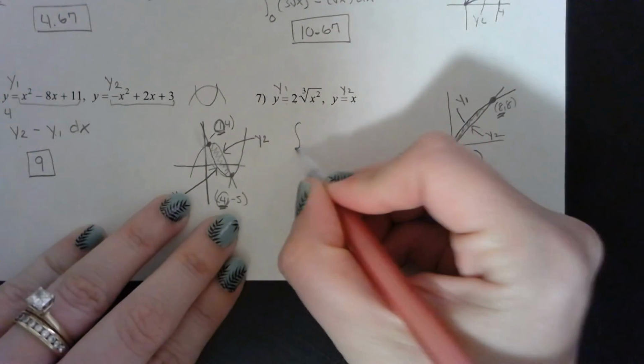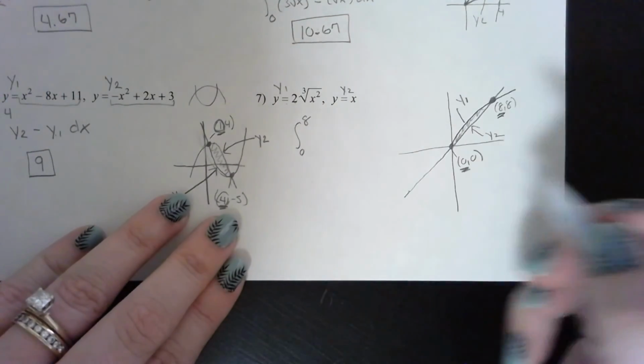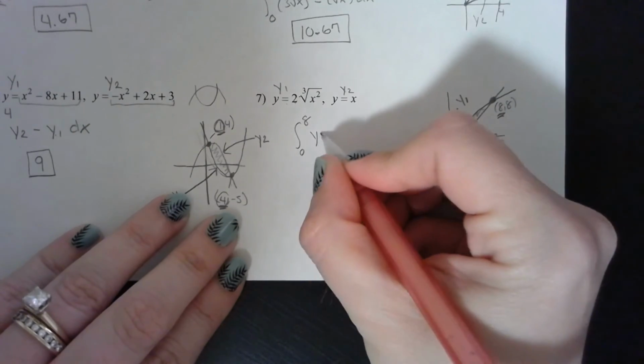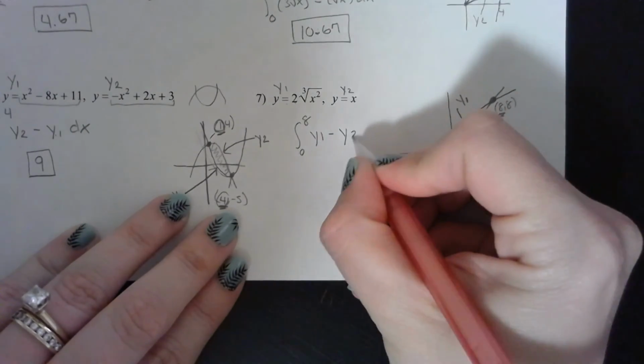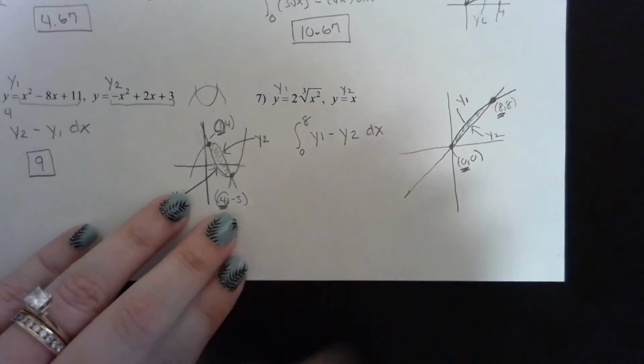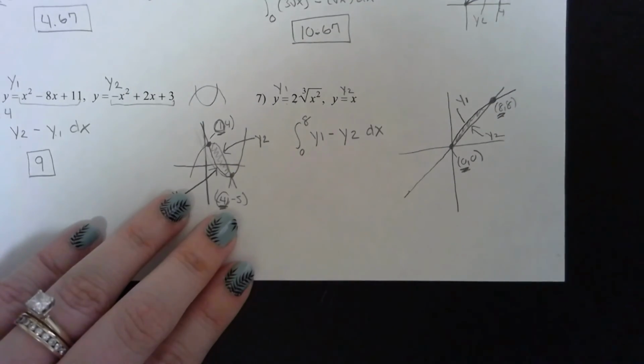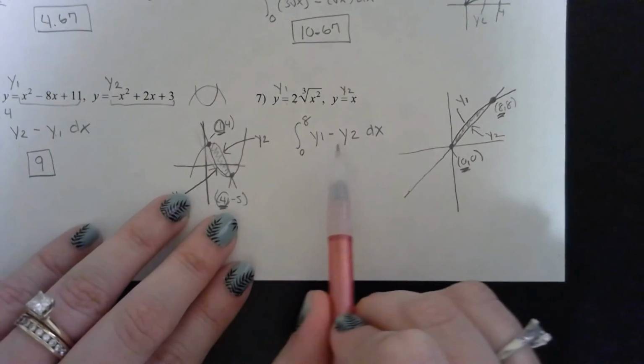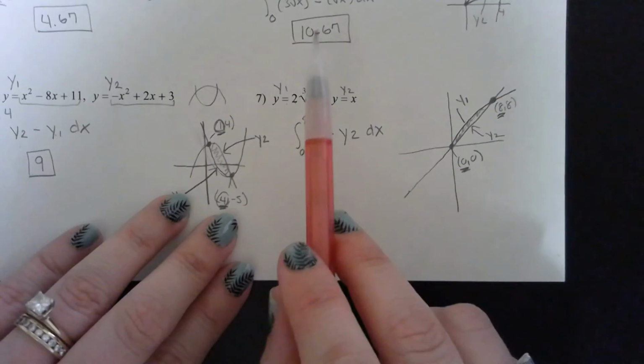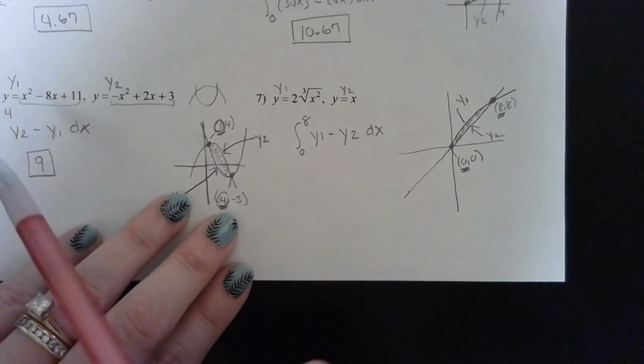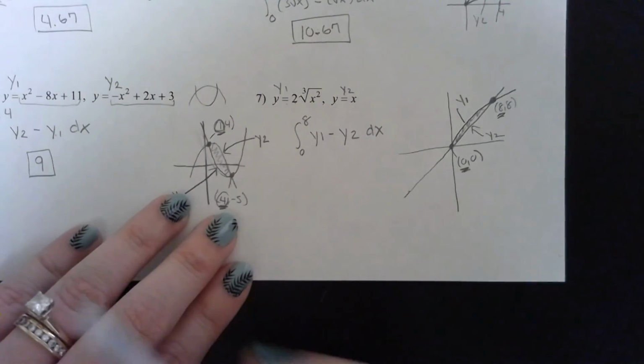So we are actually going to go from 0 to 8, and this one should be the y1 minus the y2 with respect to x. Again, I'm writing these shortcuts, since on the other two examples above, I actually wrote out the functions in there.